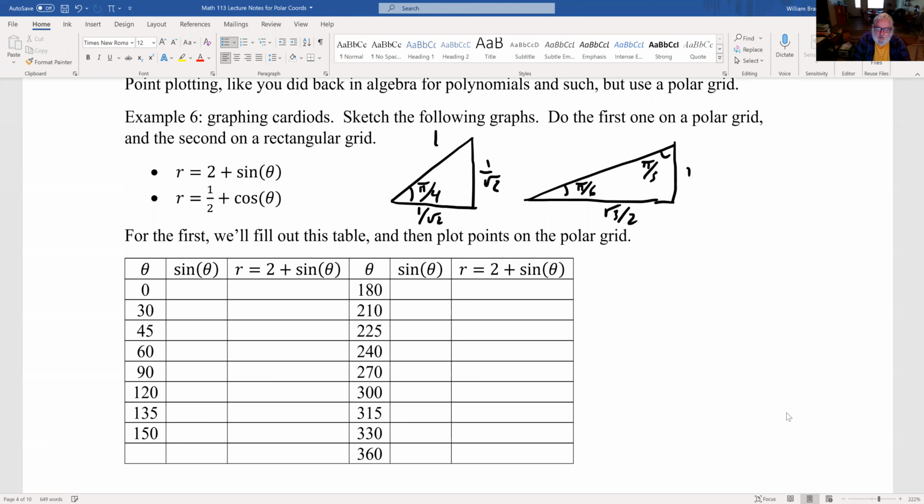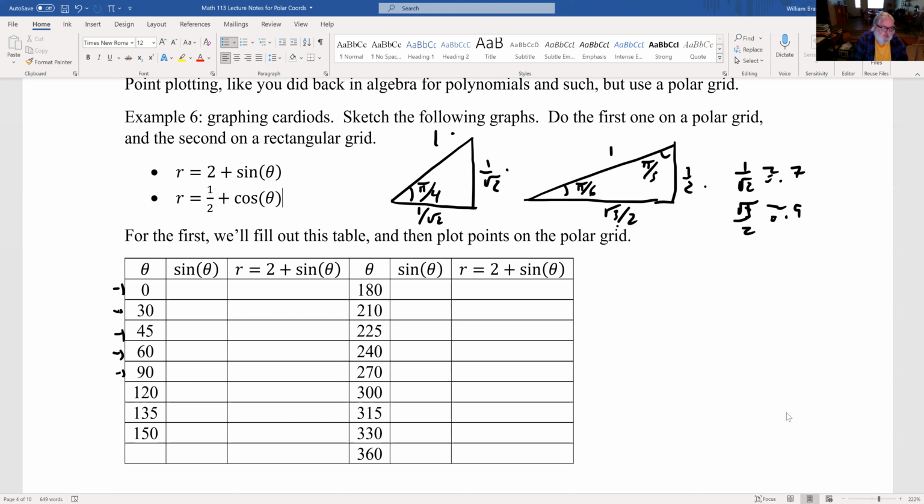So 0, 30, 60, 90, 45. All the numbers that we're going to have in this table are going to be 1 over root 2, and root 3 over 2, and 1/2, and 0. I'm going to use 1 over root 2 equals about 0.7, and square root of 3 over 2 is about 0.9, just to make the calculation simpler.